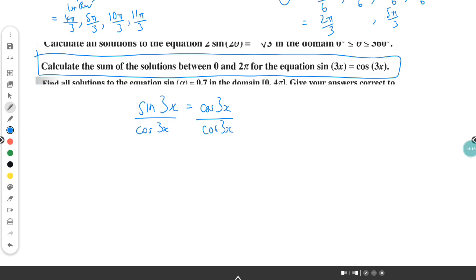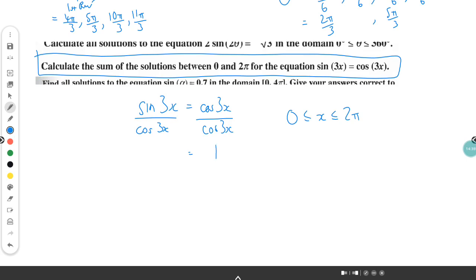There we go. Just write my domain out here. Notice how some of these questions have x and some theta. Doesn't really matter. What's the right-hand side become, Kobe? What's cos 3x over cos 3x? 1? Yep.